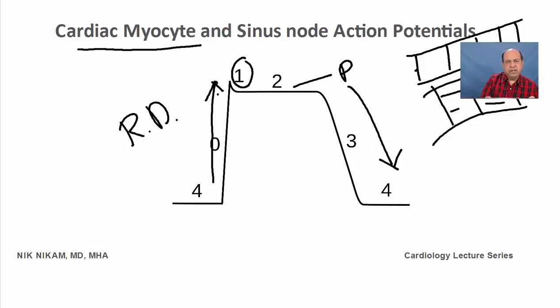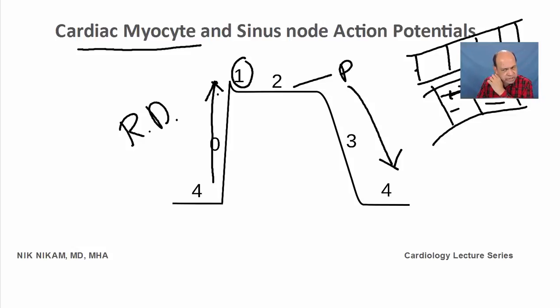So how does this action potential happen to make both actin and myosin contract so that we get shrinking of the myocyte, which collectively will lead to the left ventricular contraction?